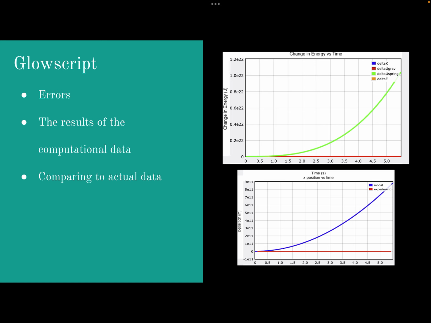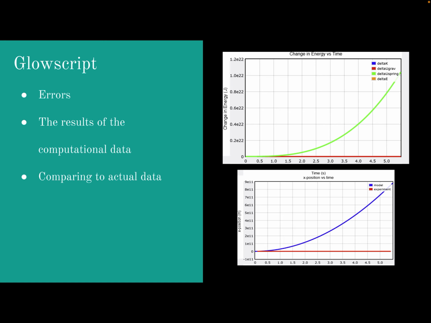Now here are the models it produced, or our graphs that it produced, and we do have errors. We could not correctly get our data to go into the code, even though our TA said we were doing it correctly, which is strange. But here are the results it gave us. It gave us that our change in energy was a straight upward line, which it should not have been. The total energy of the system should not have increased or decreased; it should have stayed in a range where it was constant.